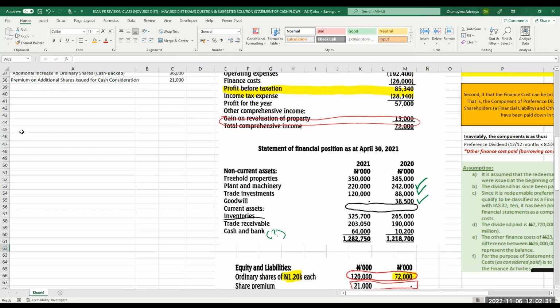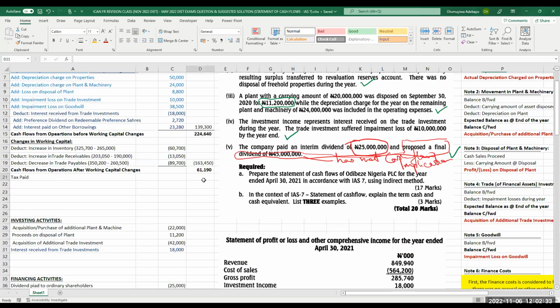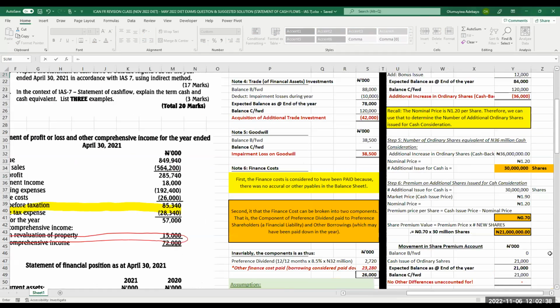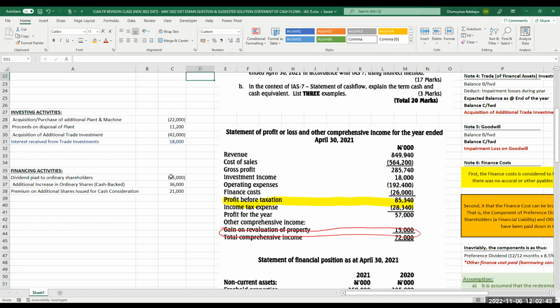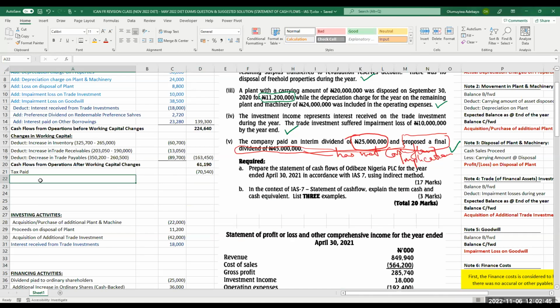I come here, I say tax paid, 70,540. All things being equal, I have a deficit in my cash flow position, and therefore I'll consider that as net cash outflow from operating activities.